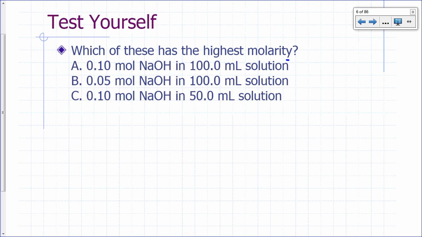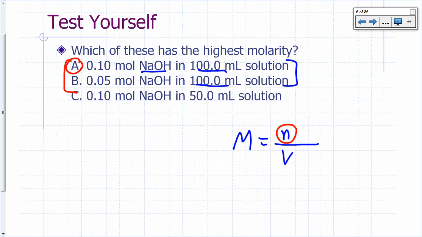Let's compare A and B. They have the same volume, and molarity is moles of solute, in this case sodium hydroxide, divided by volume in liters. For the same volume, the bigger the number of moles of solute, the higher the molarity. So A has a higher molarity, and B is not correct.